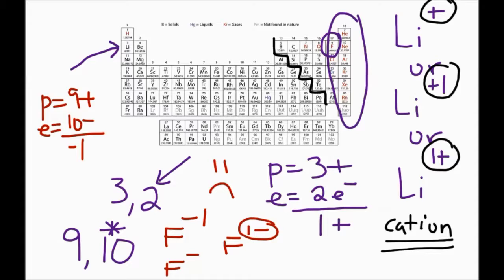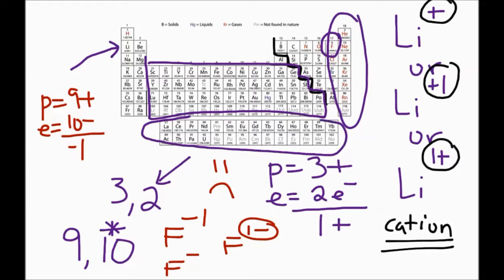There's only one set of elements on the periodic table that don't really follow this rule, and those are these transition elements and these elements down here called the inner transition elements. So those don't follow that rule. They could care less about the cool group on the periodic table, and you have to be told how many electrons those are all going to lose.